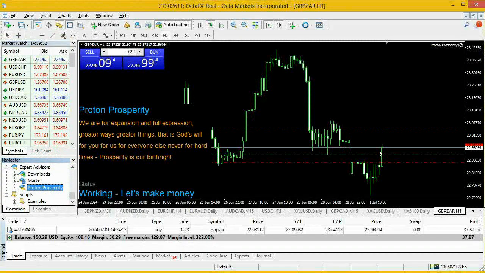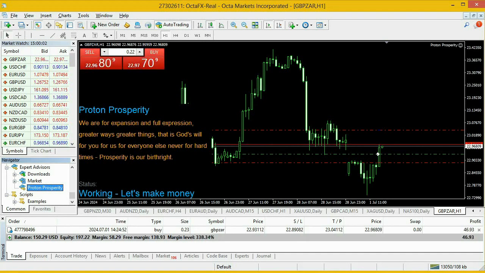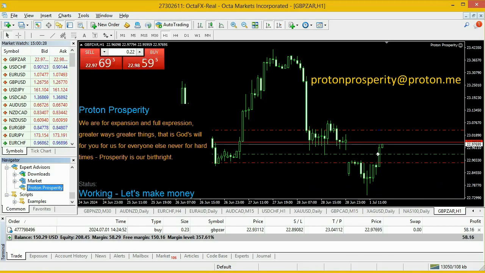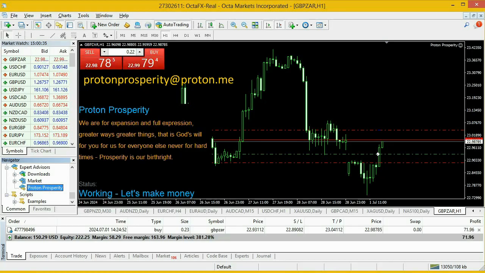Moving forward. 35 minutes into the trade, this is where we are. As you can see, price is moving towards our profit target.